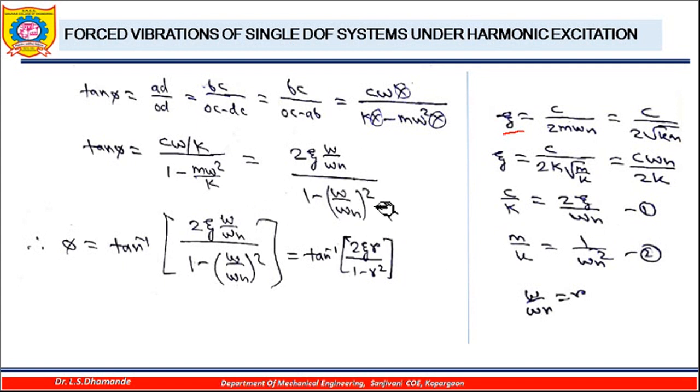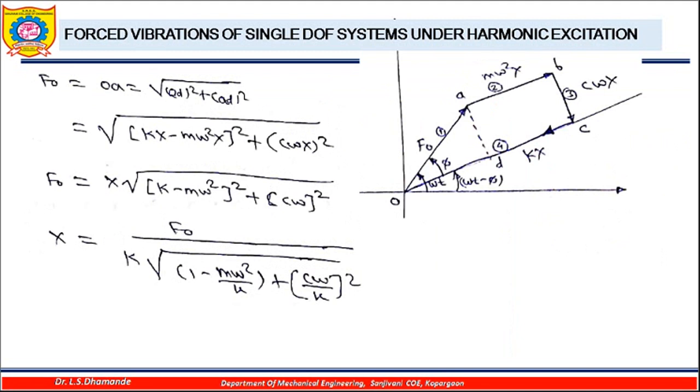Therefore phi equals tan inverse of 2 zeta omega by omega n upon 1 minus (omega by omega n) square. In terms of r, this is 2 zeta r upon 1 minus r square. This is how you get the phase angle of the displacement with respect to the force.